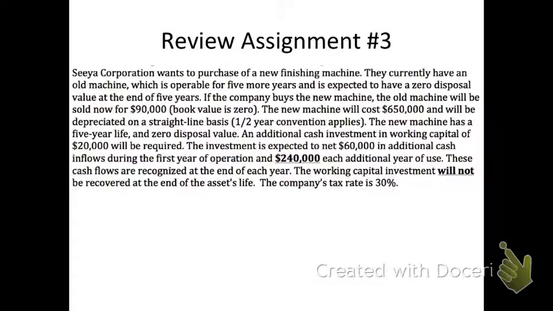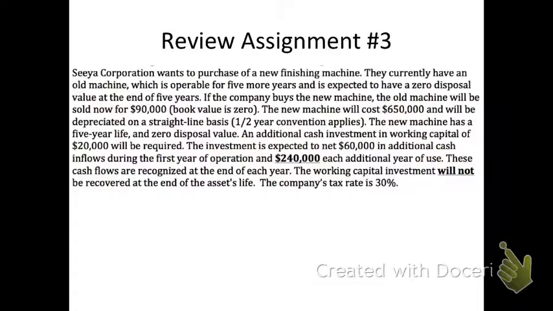But anyway, you have a situation where a company is looking to buy a new machine. The new machine costs $650,000, but if they buy the new machine, they're going to get rid of an old machine. The old machine can be sold for $90,000. It doesn't have any book value in this case, so you have a total gain of $90,000.